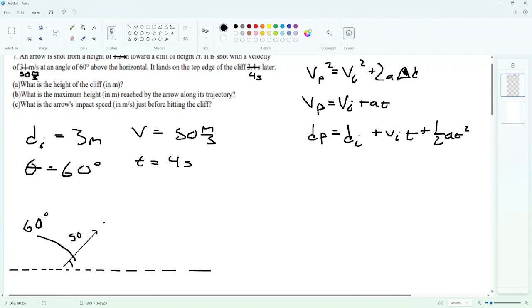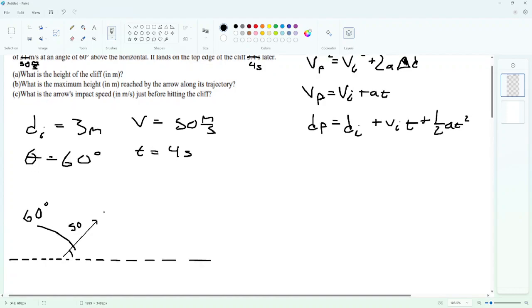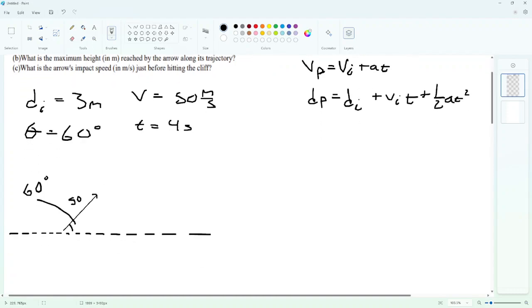Okay, so let's see. If we're worrying about the height of the cliff, let's ask a couple hypothetical questions really quickly. This has 2 components. One that is horizontal and one that is vertical.